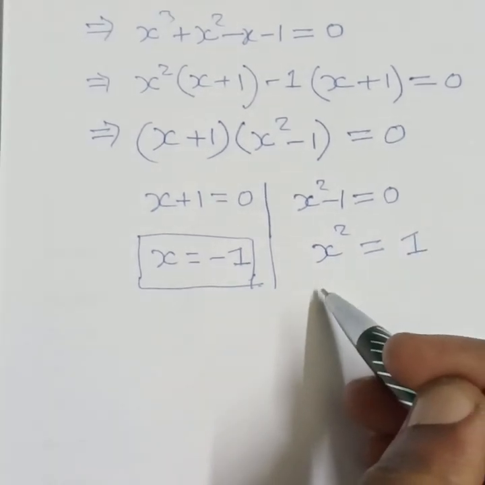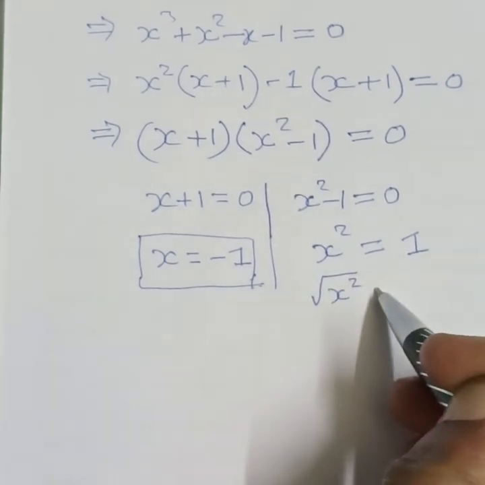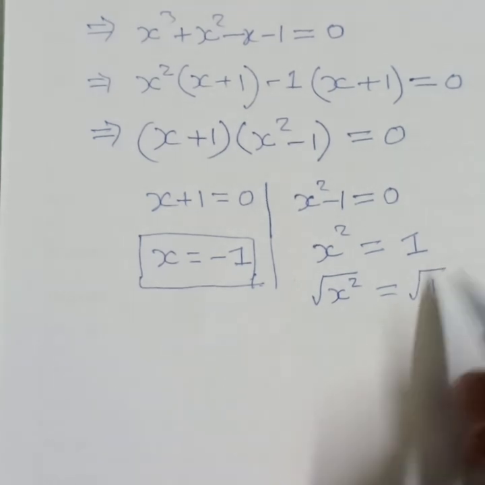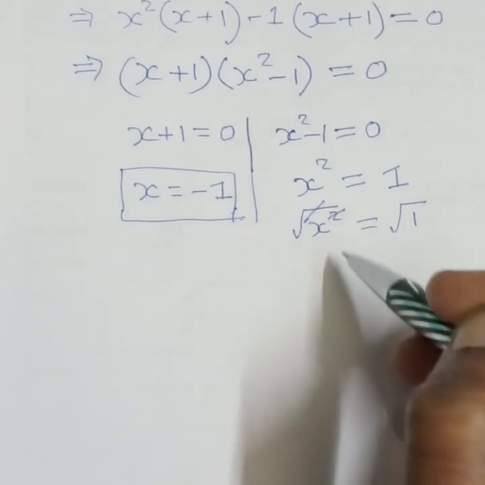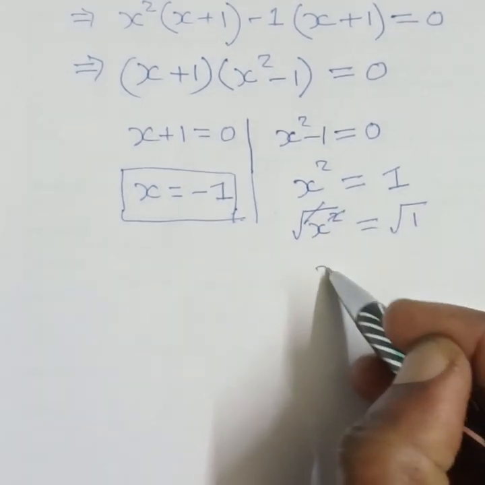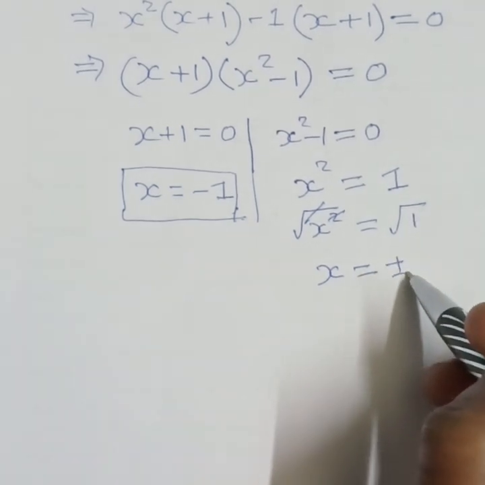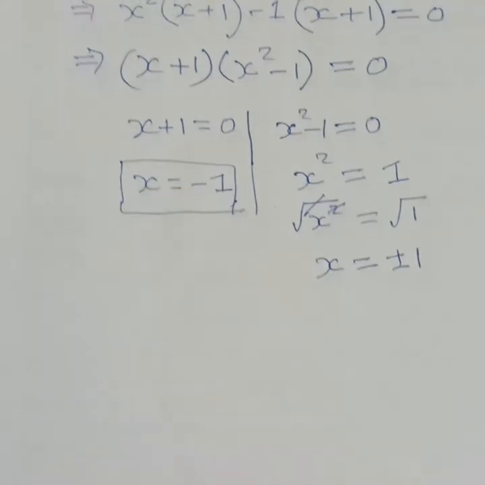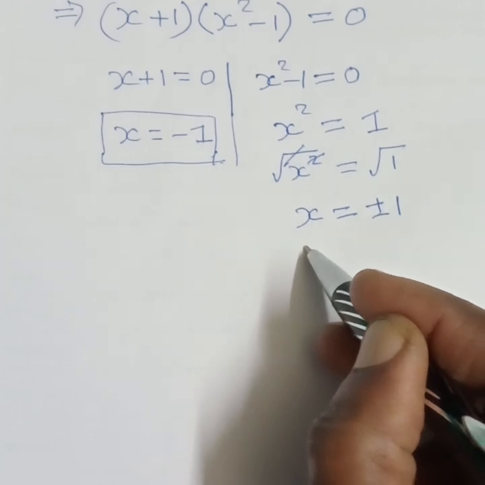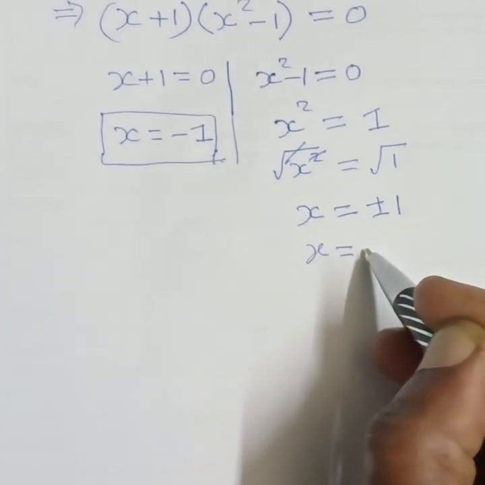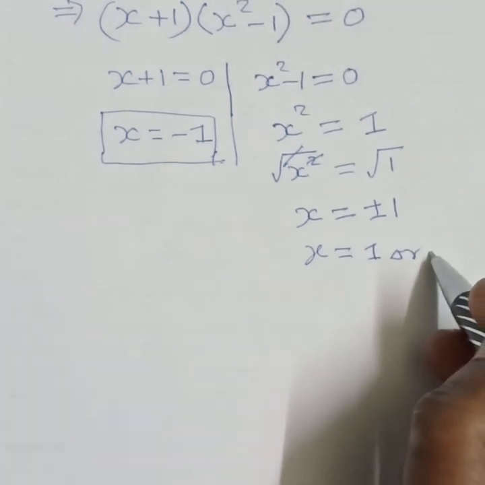Now take the square root on both sides. Then the square root and square cancel. So x is equal to root over 1, which is plus minus 1. So here we get two values of x, and that's x is equal to plus 1 or minus 1.